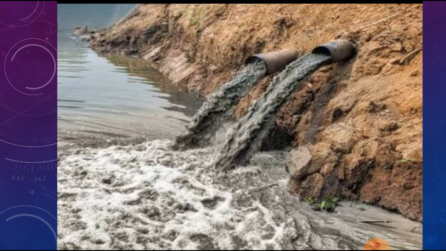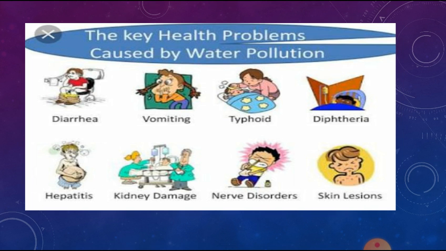Drinking this water may cause many diseases. So, drinking this polluted water may cause many diseases like cholera, dysentery, diarrhea, vomiting, typhoid, diphtheria, hepatitis, kidney damage, nerve disorders, skin lesions, etc. Sometimes it may even lead to death also.